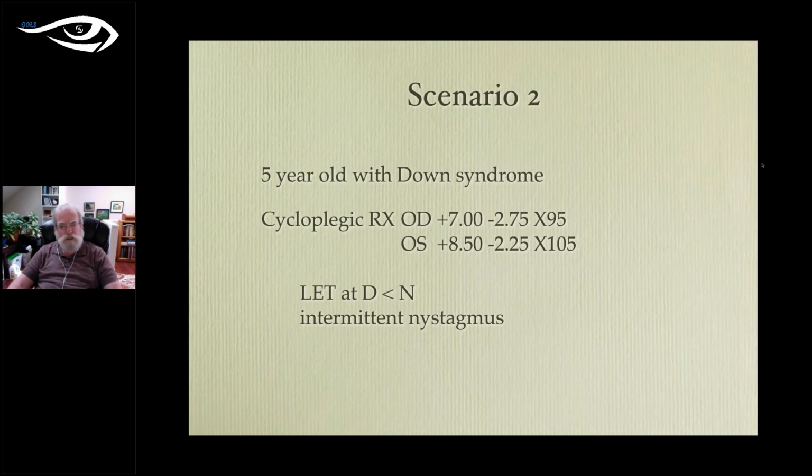And the reason is simple. We do vision screening in general to identify a high-risk population. Children with Down syndrome, children with cerebral palsy, children with developmental abnormalities all have high risk attached to those conditions. From a visual perspective, every one of those children is at high risk.